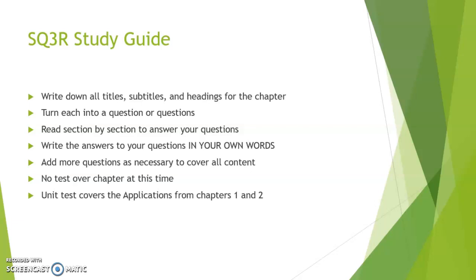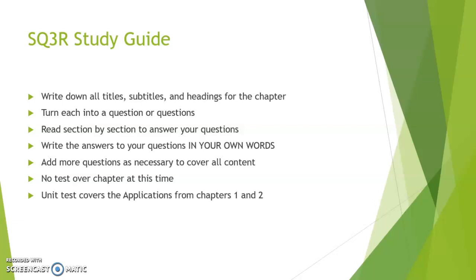So your job is going to be to read section by section, looking for the answer to the questions, and then writing the answers to your questions in your own words. And that'll be what you turn in as your SQ3R study guide. Because we're not being tested over the content of Chapter 1, you don't need to review.